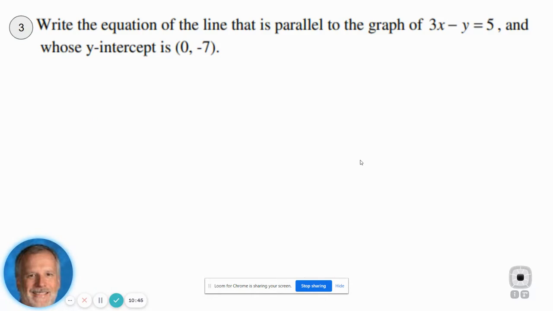So the next thing we might want to do is take one equation and use the information we've got to write a second equation. So look at this problem number 3. It says write the equation of the line that is parallel to the graph of 3x minus y equals 5.